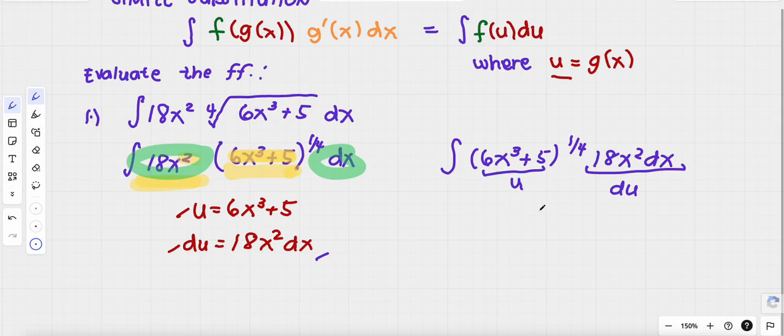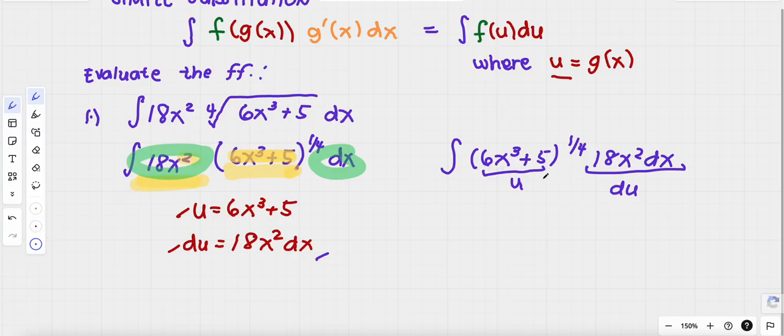Meaning to say, f here represents the whole outside of u, the whole radical, the power it is raised to, so that will depend on the function. Rewriting, this is the sequence.